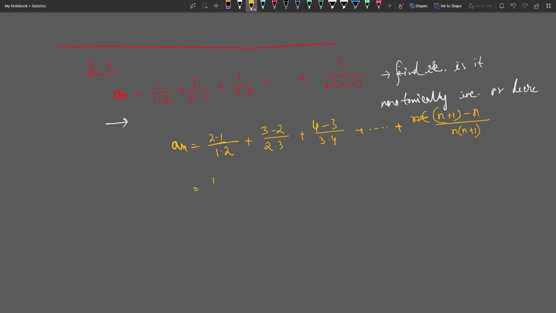If I write it in this way, 1 by 1 into 2.